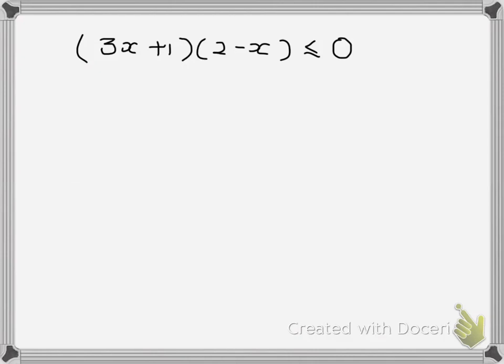For example, when you have something like this, 3x plus 1 and 2 minus x, that is less than or equal to 0. Now, how can you do this? Okay, I'll show you both. First of all, if you just look at it on its own, is it a minimum or a maximum curve? Maximum.